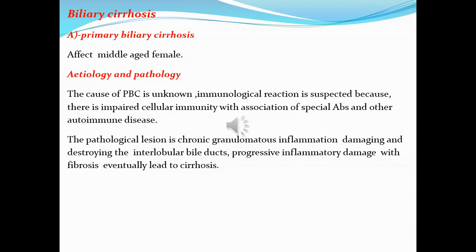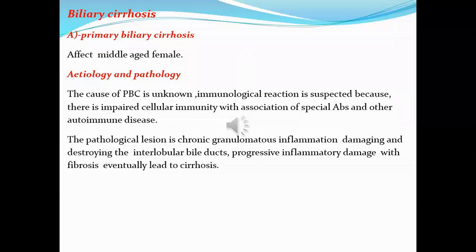An immunological reaction is suspected because there is impaired cellular immunity and it is associated with a special antibody and other autoimmune diseases, for example thyroiditis, celiac disease, and so on.